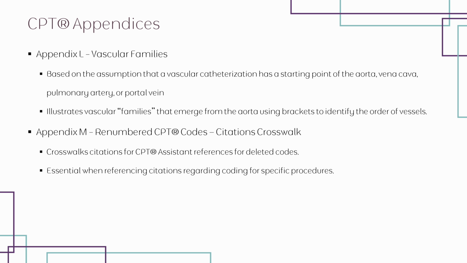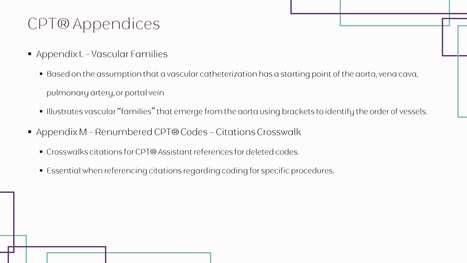If the starting point of the catheterization is somewhere other than the aorta, such as the vena cava or the pulmonary artery, the branching orders may change. This appendix is a valuable resource for correctly identifying the proper catheterization codes based on how far the catheter was advanced into the vascular system.